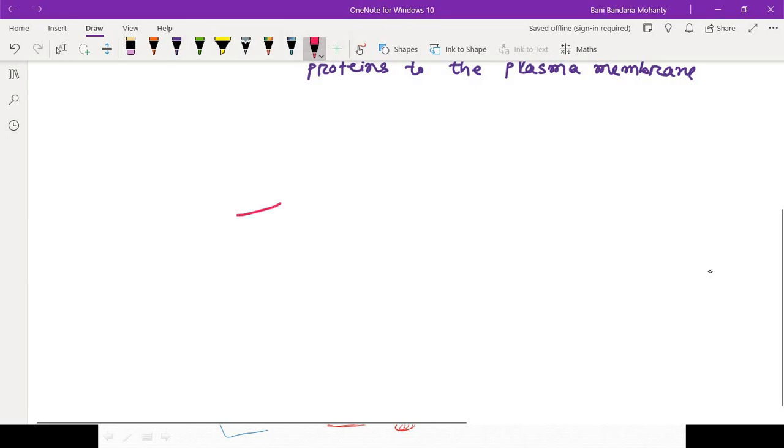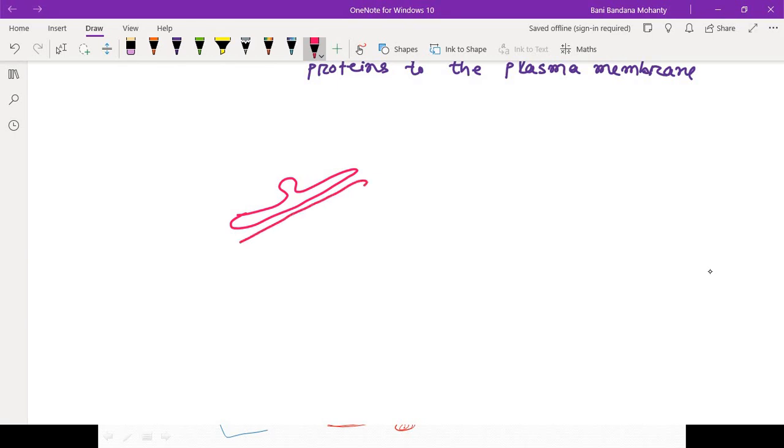This is the Golgi apparatus. The Golgi cisternae are stacked or piled upon each other. They are not connected with each other. This one is the Golgi apparatus.